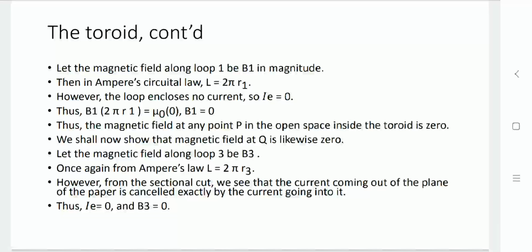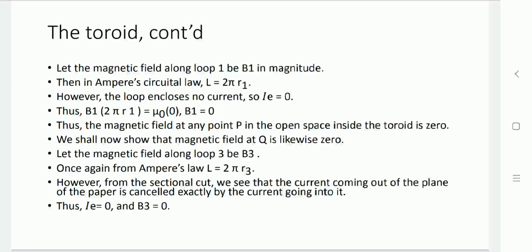Consider first loop 1 and determine its magnetic field magnitude. Based on Ampere's law, L equals 2 pi R1, and that particular loop is not carrying any current. Current only flows through the toroid winding, so inside the toroid at point P, I_E is 0.